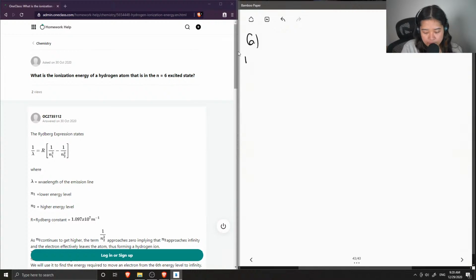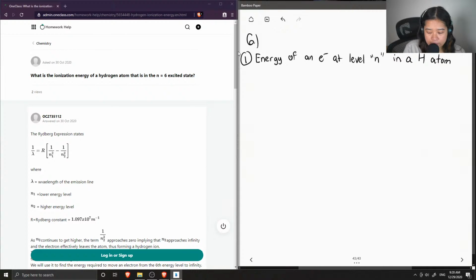Okay, so I'll do this question in 2 parts, and we'll note that the energy of an electron at level n in a hydrogen atom is given by the following equation.